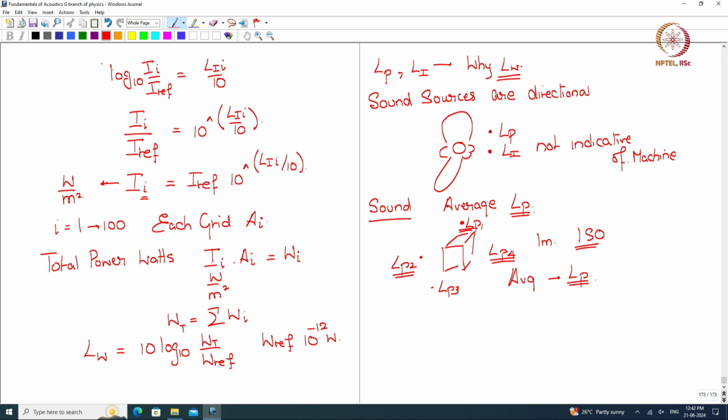Okay, so that's as far as the why of LW as a measure.